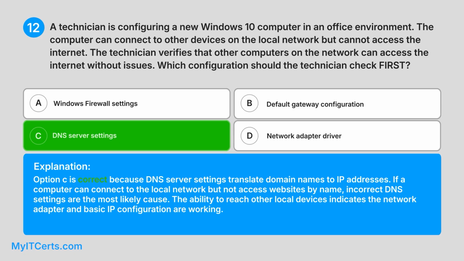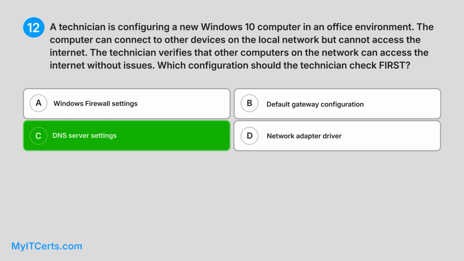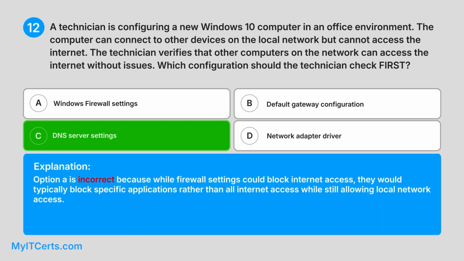The ability to reach other local devices indicates the network adapter and basic IP configuration are working. Option A, Windows firewall settings, is incorrect because while firewall settings could block internet access, they would typically block specific applications rather than all internet access, while still allowing local network access.